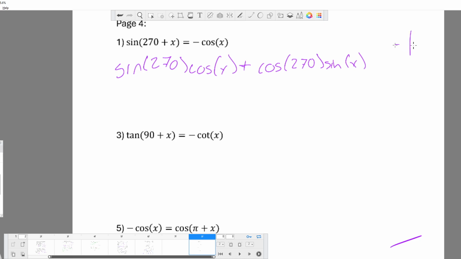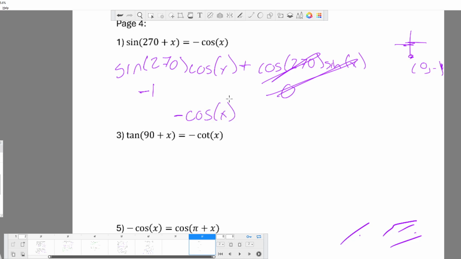So 270 is on the bottom of the unit circle, which is 0, negative 1. So the cosine is going to cancel out. So this cosine of 270 evaluates to 0. That cancels. This evaluates to -1. -1 times cosine of x. What gives us our negative cosine of x.